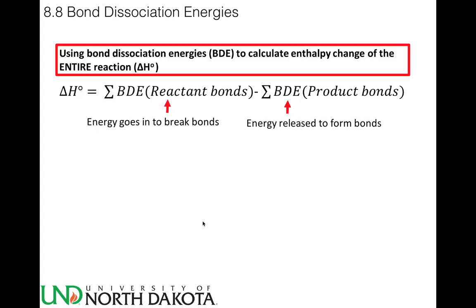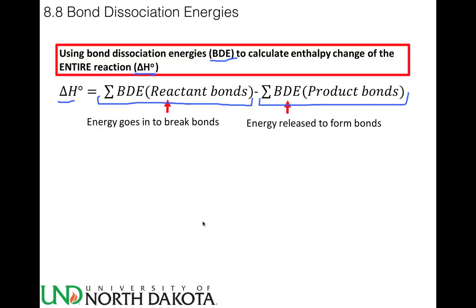Now, we would use the bond dissociation energies, the BDE, to calculate the enthalpy change of the entire reaction, the delta H naught. The delta H naught of the reaction is the sum of the bond dissociation energy of reactant bonds, and from that we would subtract the sum of the bond dissociation energy of product bonds.